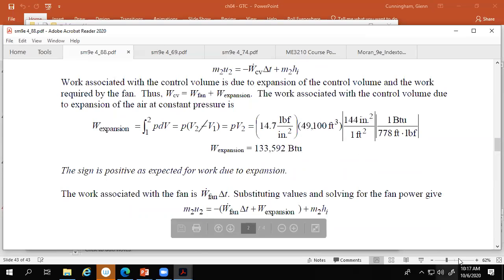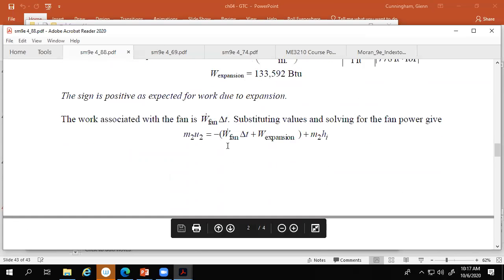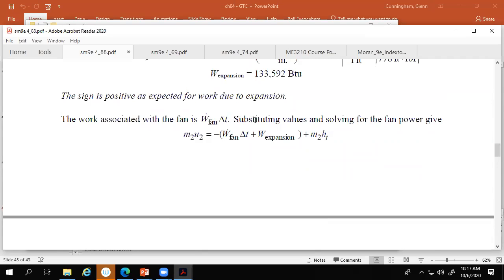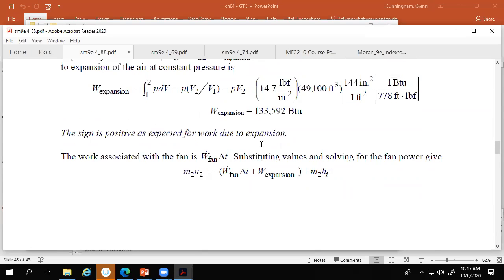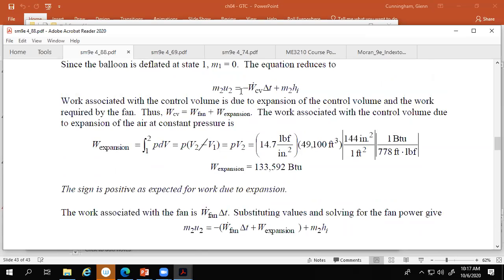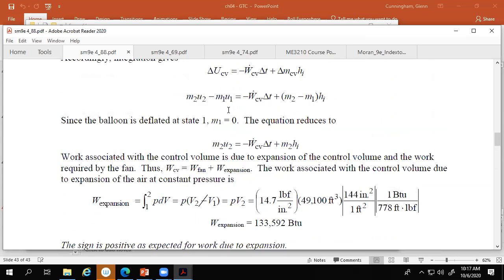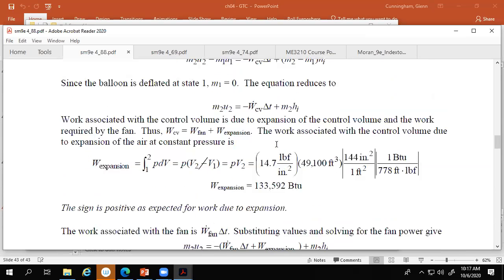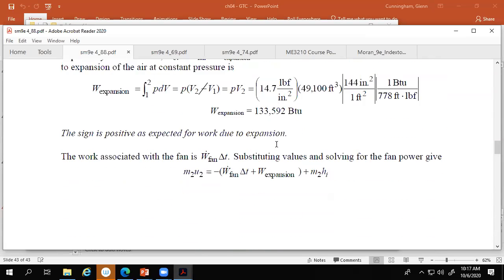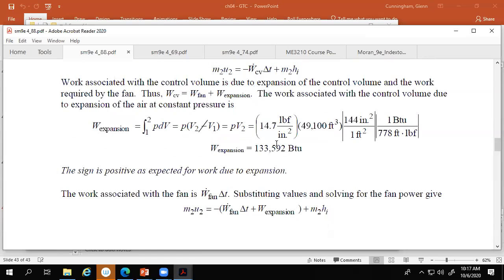Okay, so then the work associated with the fan is W dot fan times delta T. So then we're going to substitute all of this into the energy balance. I guess this is the last form of the energy balance right here.